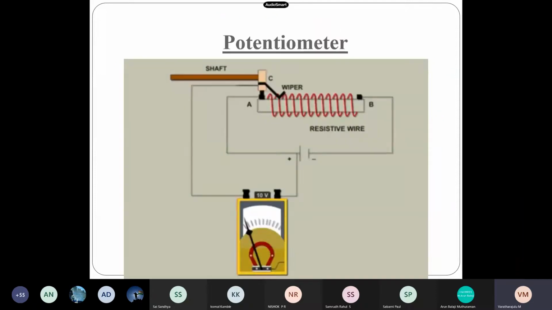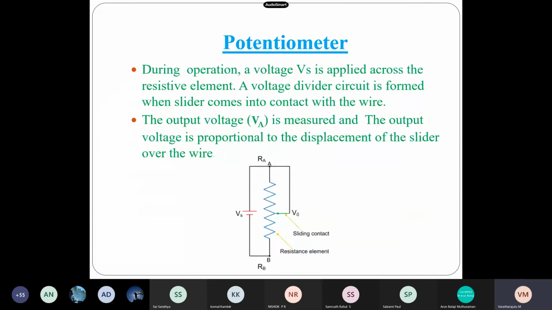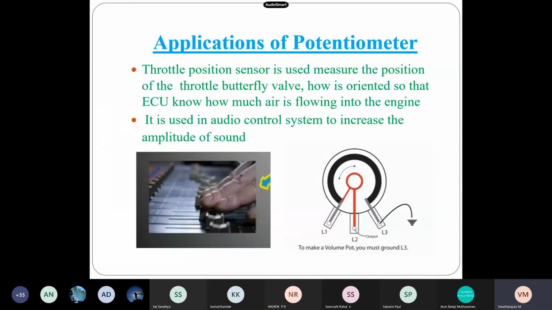And this was the photograph of the potentiometer, and some other slides related to it. We had one video in the last class which details the working principle of the potentiometer. And these are the applications of the potentiometer. Sound engineers depend on some system to get very fine sounds, and for that they prefer the potentiometer.